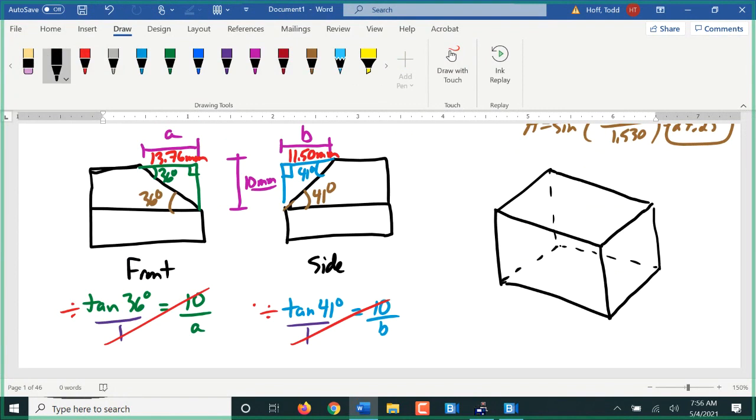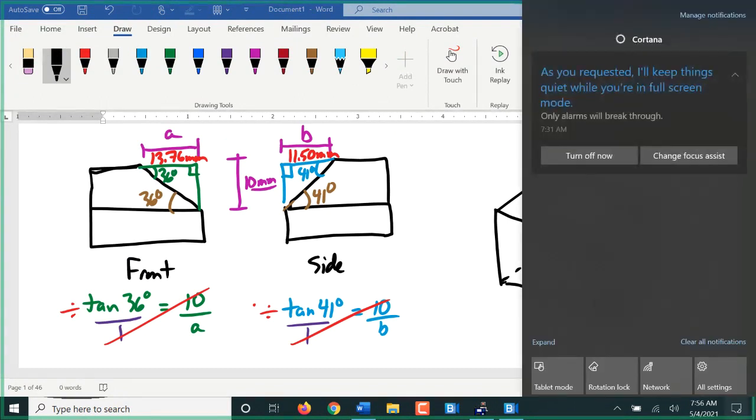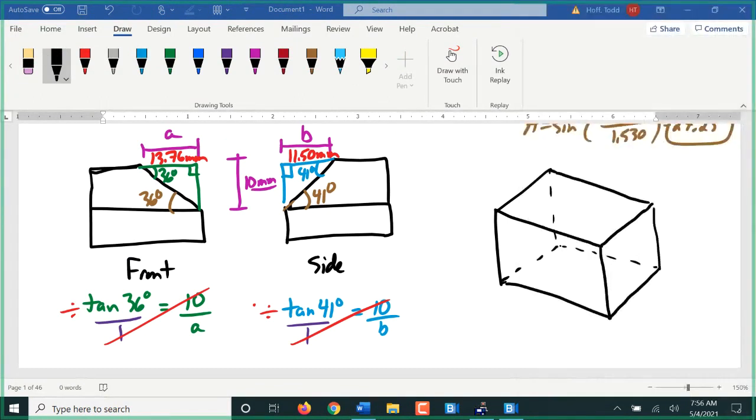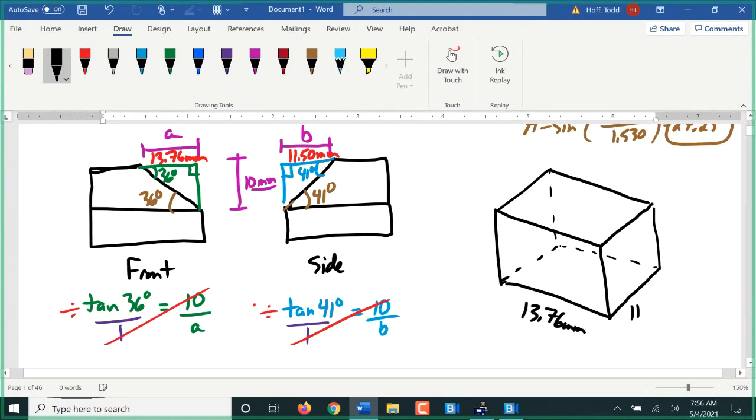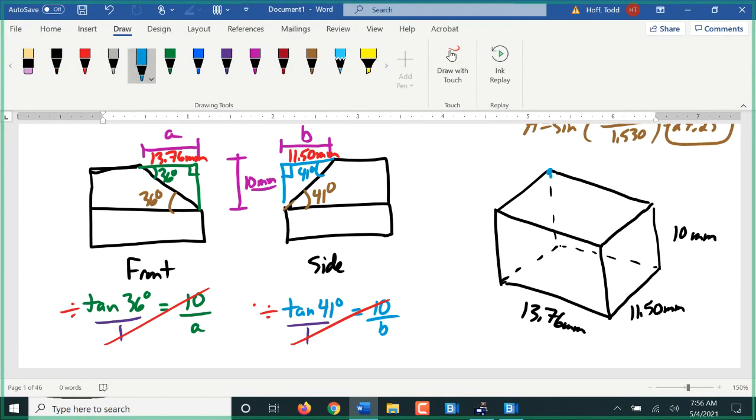What this means is, looking at a box here, this dimension here is 13.76 millimeters. This dimension here is 11.50 millimeters. This dimension here is 10 millimeters. And our angular surface here, our intersection, goes from here to there.